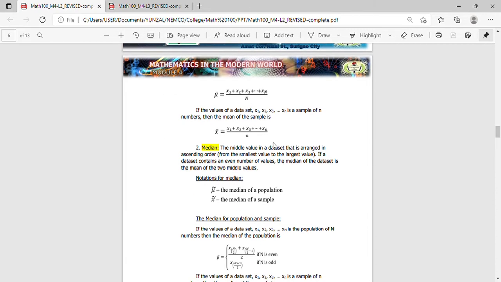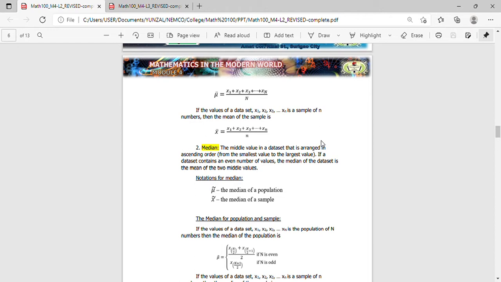Second, we have here the median. So, ang median, this is the middle value in a data set that is arranged in ascending order. Again, mao tong naingon ta that median is good for those ordinal na mga data. Because in a median, pangitaon na to ang tunga sa data set, pero first you have to arrange it in ascending order.